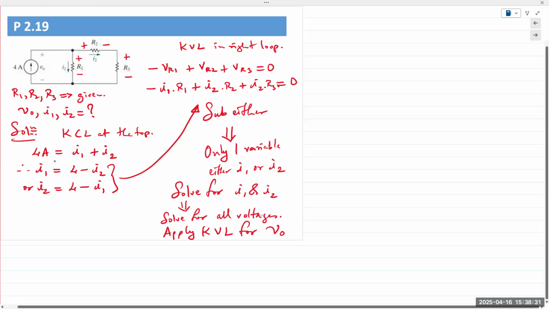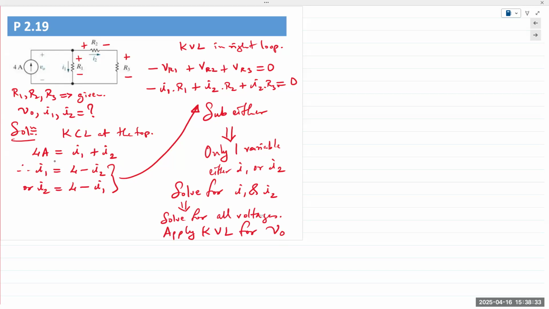Okay, so the steps are, write KCL at the top. You obtain a relationship for I1 and I2. You already know the sum total of both currents is 4 amps, the current source. So express either I1 in terms of I2 or express I2 in terms of I1. Write the KVL for the 3 resistor voltages.